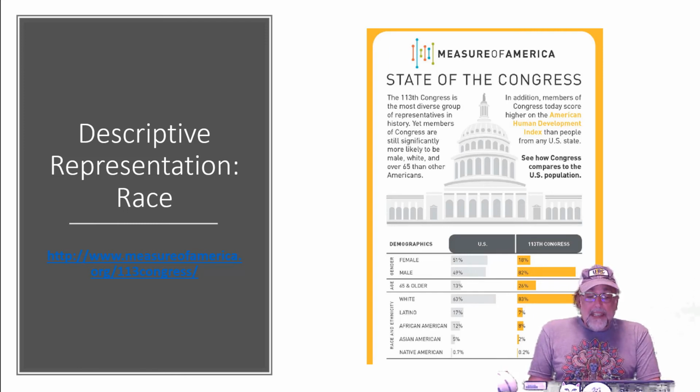White people make up 63% of the population, and yet they're 83% of members of Congress, with folks from other categories of race being way underrepresented relative to their numbers in the population. So descriptively, Congress does not look like the American public in terms of gender, age, or race.